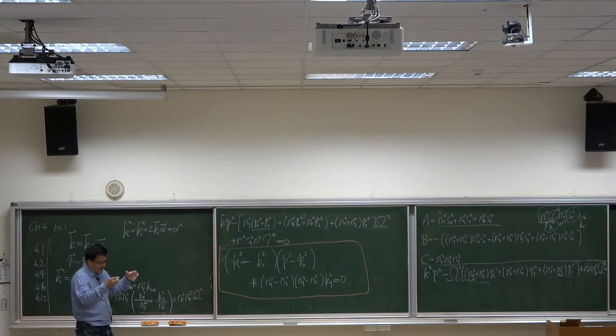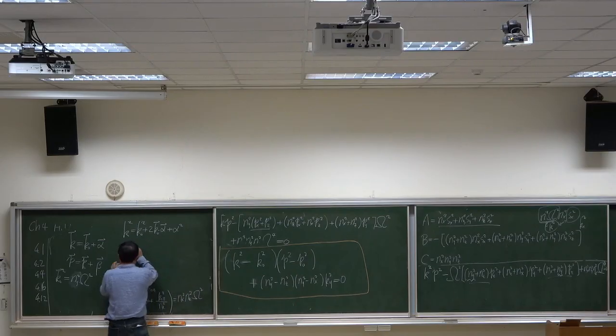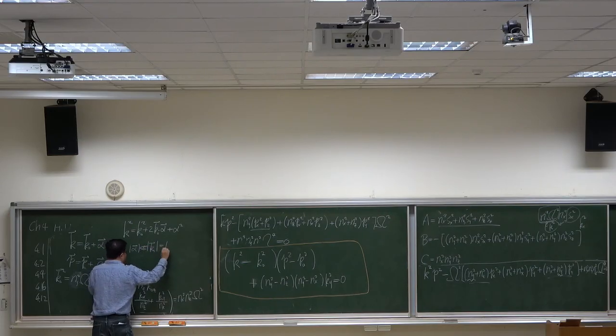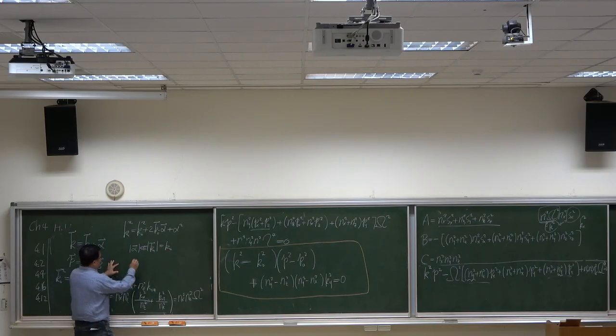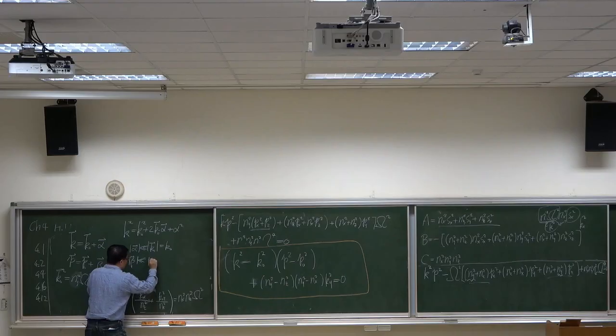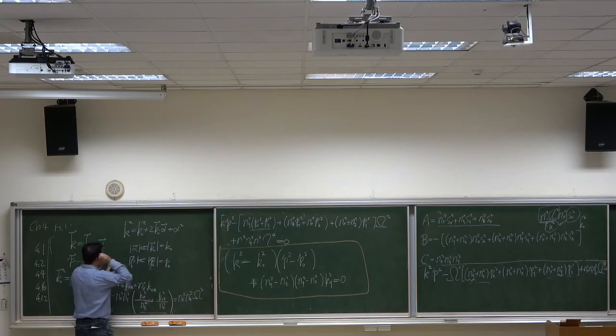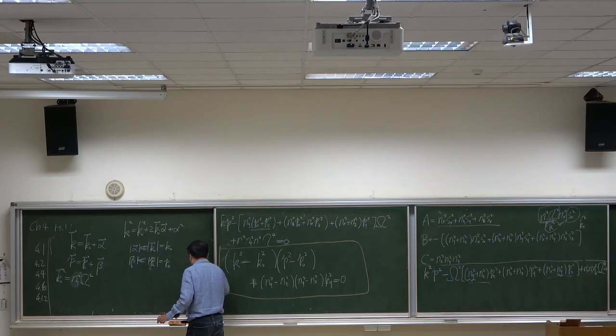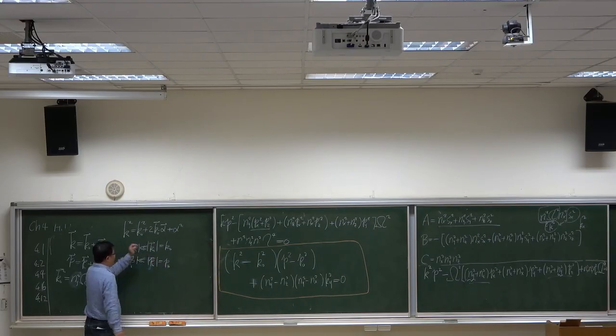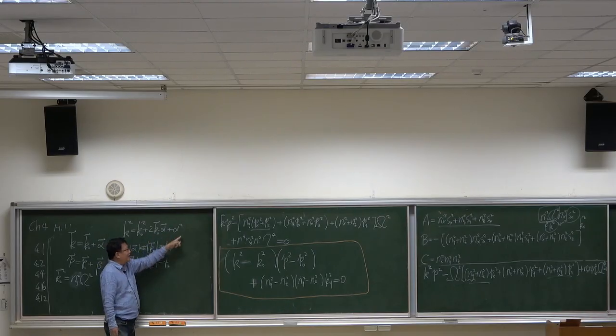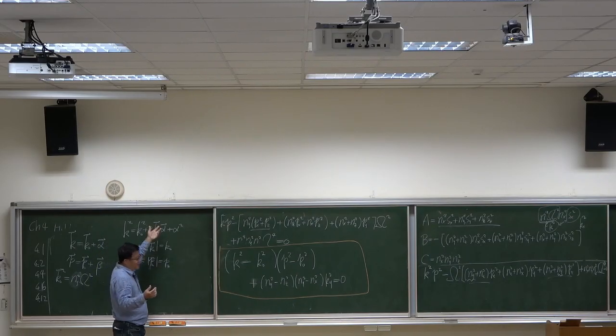However, since we consider alpha to be much smaller than k naught, and beta is much smaller than p naught, if we compare this term to this term, then this term can be ignored if we are accurate up to the first order in alpha.